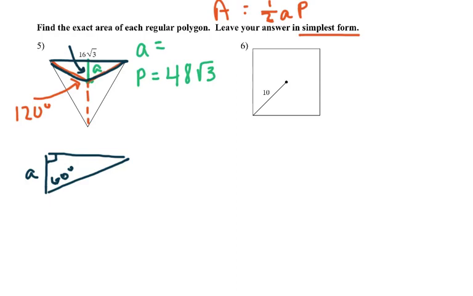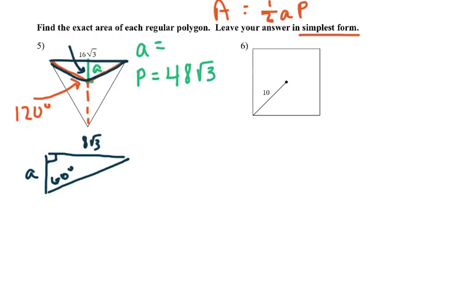Now, this side length right here is not 16 root 3, because remember this is half of that triangle, so it's now half of that whole length, which is 8 root 3. And now look what we have. We have a 30, 60, 90 triangle with one side, so we can solve for the apothem.